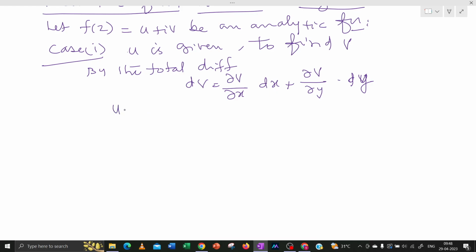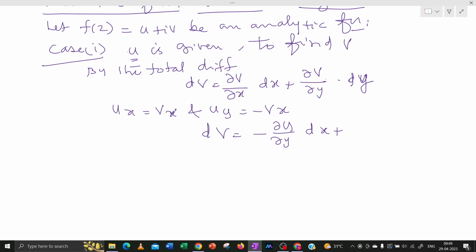But ux equal to vy and uy equal to minus vx. Because we already know the u value, from the u value we can find ux and uy. So substituting everything, that means converting everything in terms of u. What is dou v by dou x? Dou v by dou x is minus dou u by dou y dx plus dou v by dou y by the CR equation.